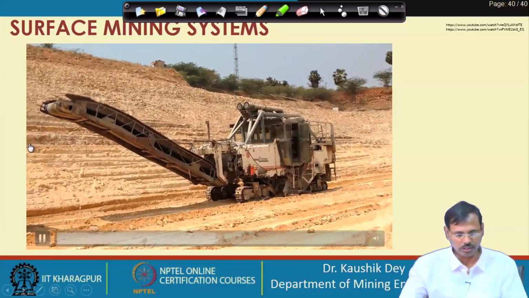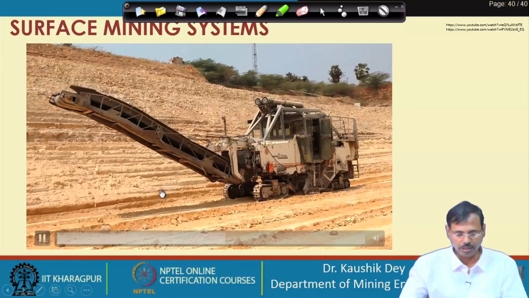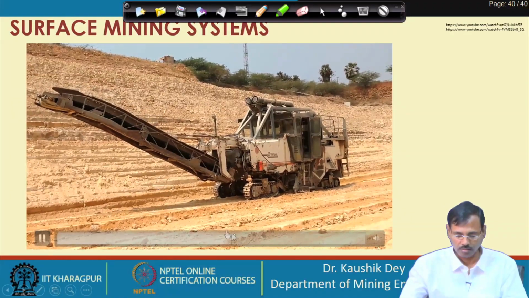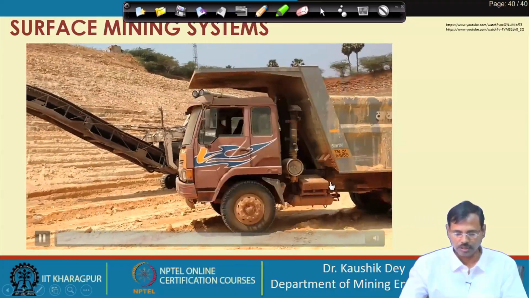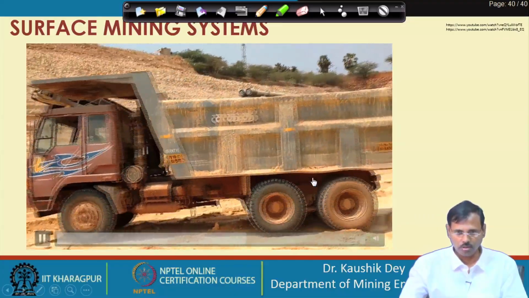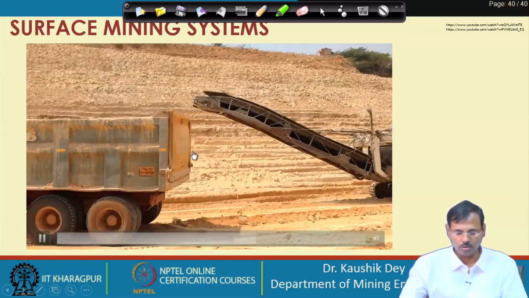You can see the first dumper is filled and the next dumper is coming. See, the next dumper has come. So now the surface miner will start loading onto this dumper.